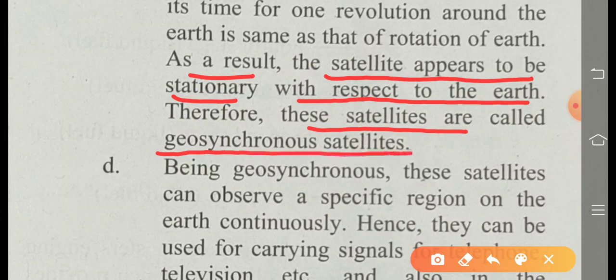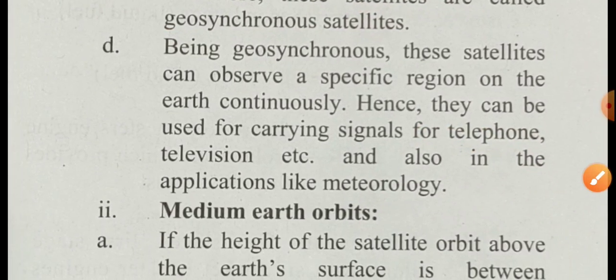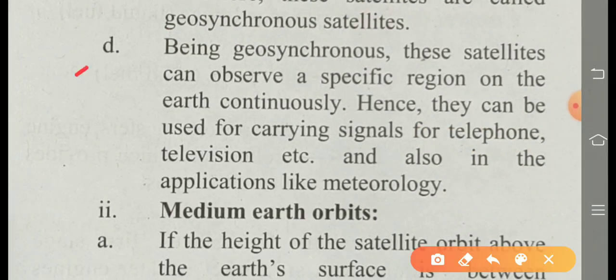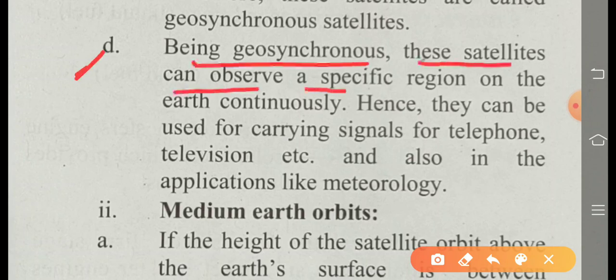Geosynchronous satellites. Next, the fourth point is given related to high Earth orbit. Being geosynchronous, these satellites can observe a specific region on the Earth continuously, because they revolve parallel to the Earth's equator.